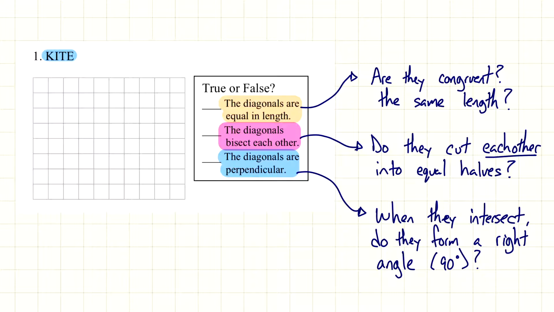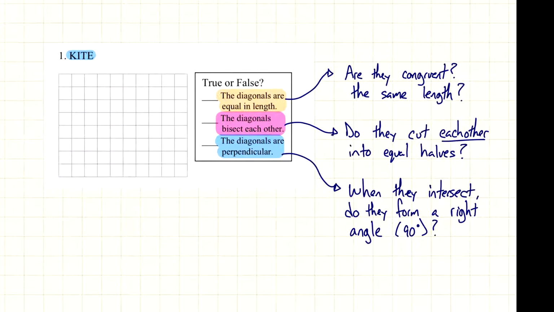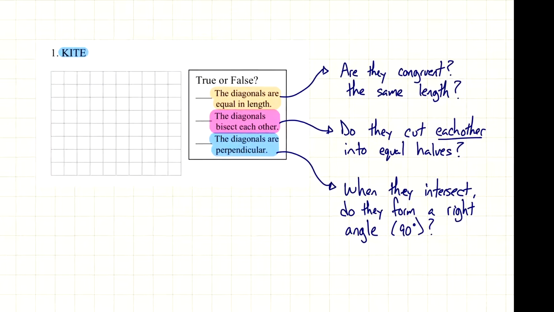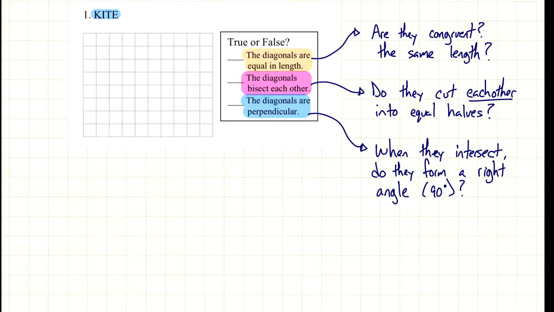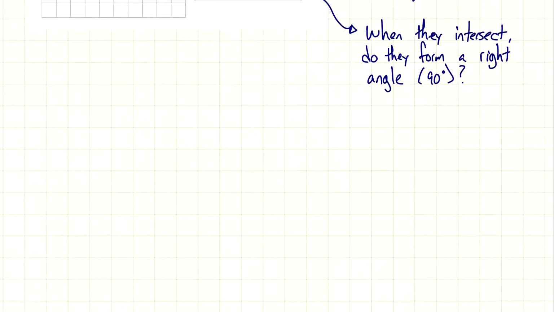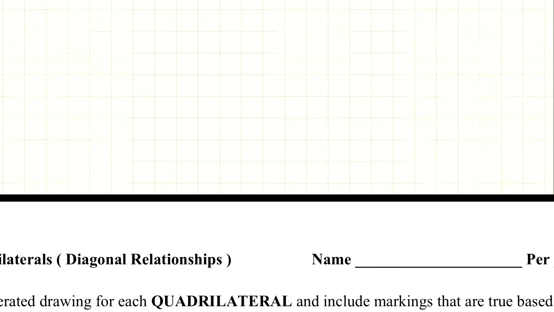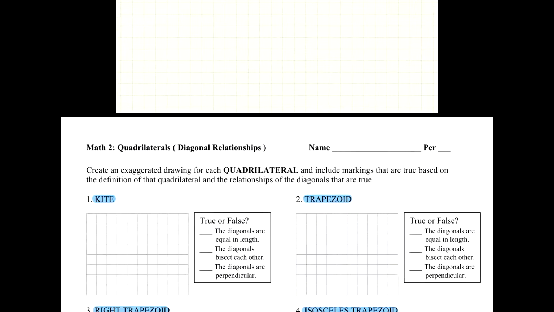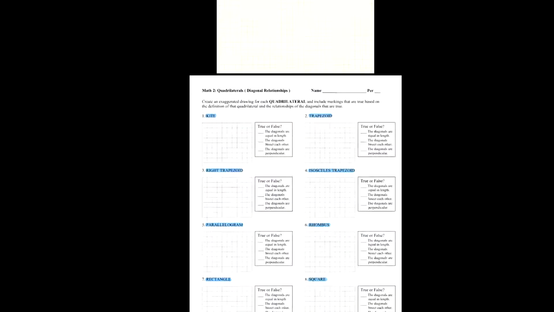So I'm going to go through all 8 of these, and I'm going to show you really how to draw these. And then after we're done with the drawings, then we'll talk about the true and false statements. So I'm not going to draw the picture on this one because I already have it drawn out on the next slide. All right. So this is a blank version of it.